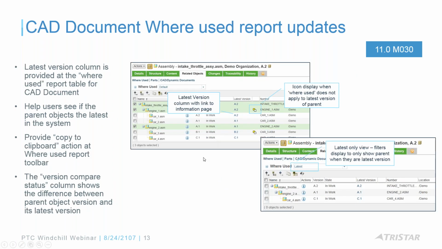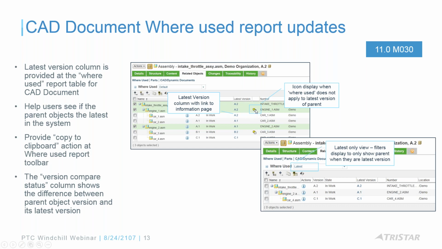PTC also has done some updates to the where used report. When I go into a part or assembly and click on the related objects tab, there's a where used table. There are some additional filters that allow me to see the latest where used, but also the default where used option.